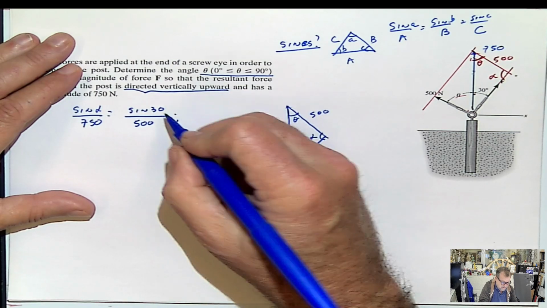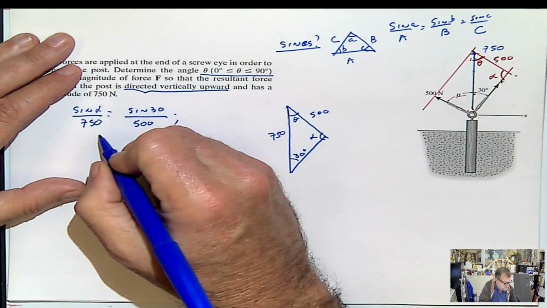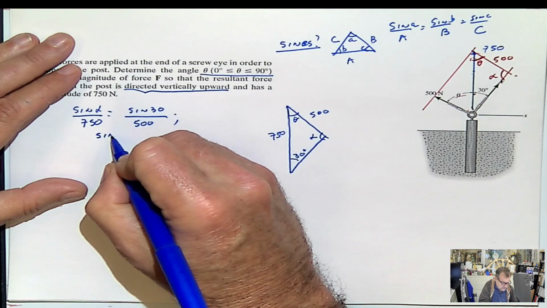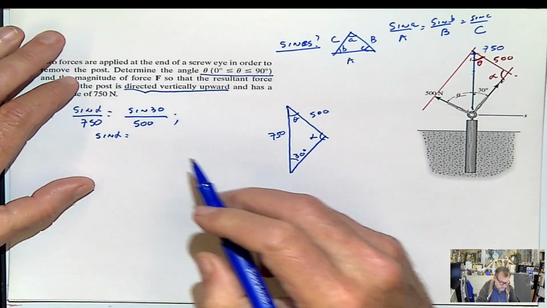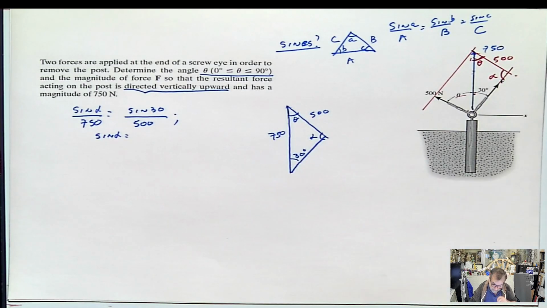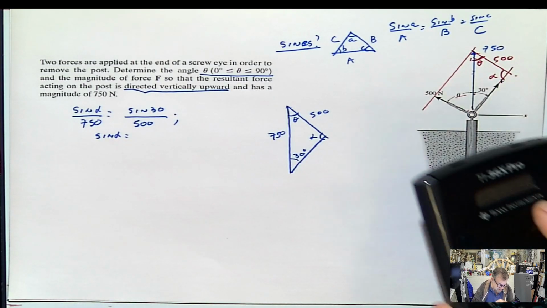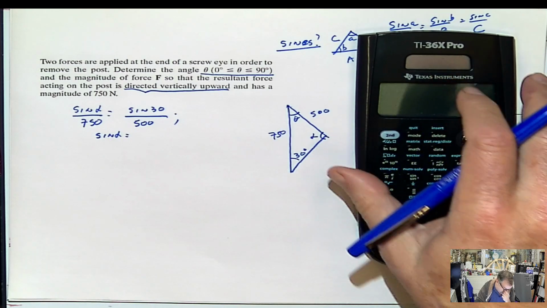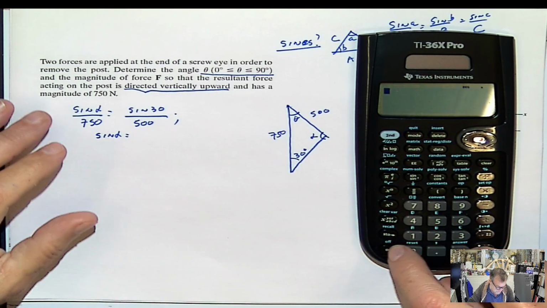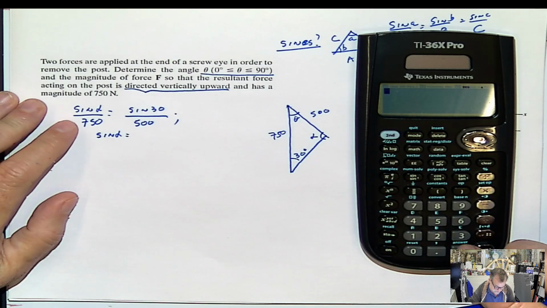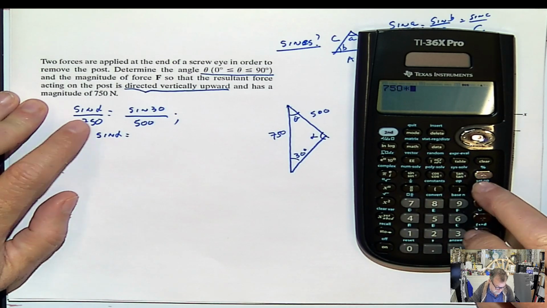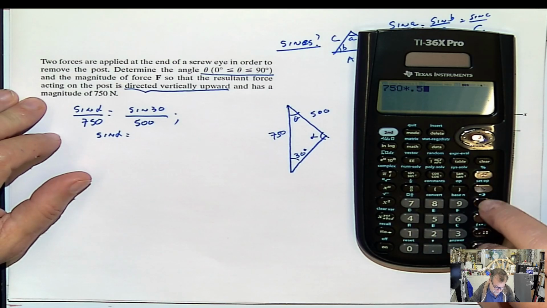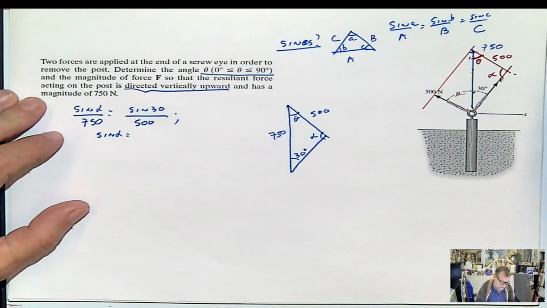That means that I can solve here for sine alpha, and sine alpha is going to be equal to 750 times sine 30, which is 0.5, divided by 500.